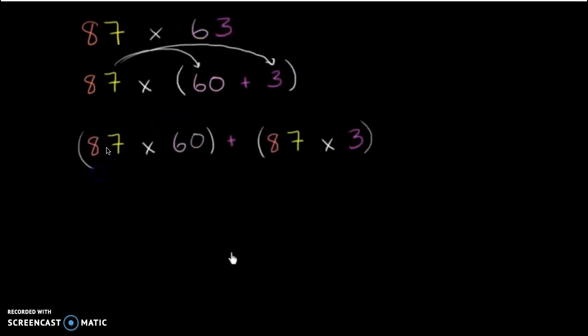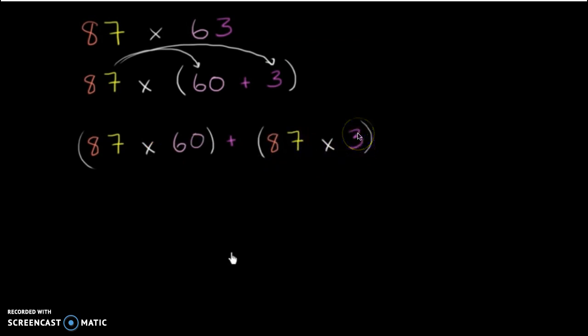From there, in order to find the product of this multiplication problem, you would need to distribute this 87 to the 60 and to the 3. By distribute, I mean pair them up and multiply. But I'm looking here and I'm seeing 87 times 60 and 87 times 3.